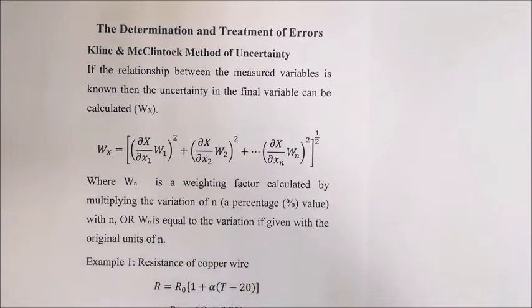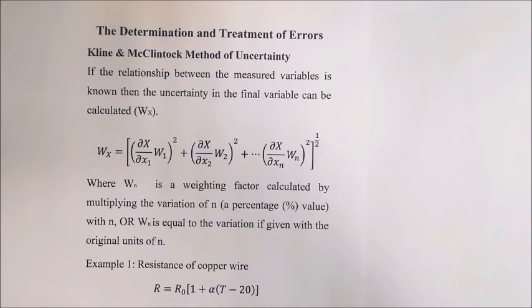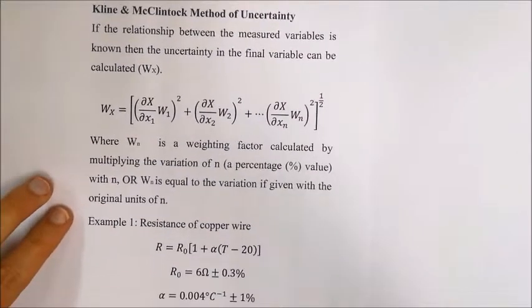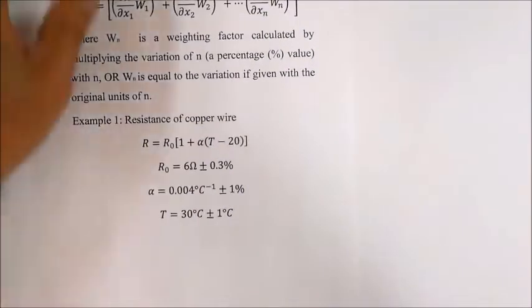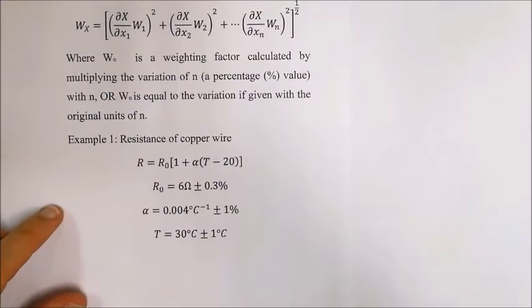In this specific case I'm going to show you an example and it should become clear. Just be aware that Wn is a weighting factor. Let's look at this example and see how we would then apply that specific equation.